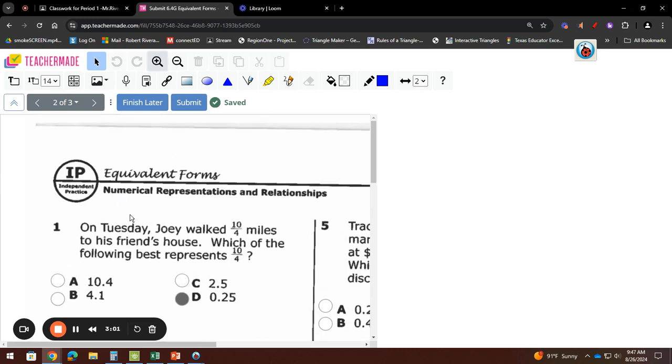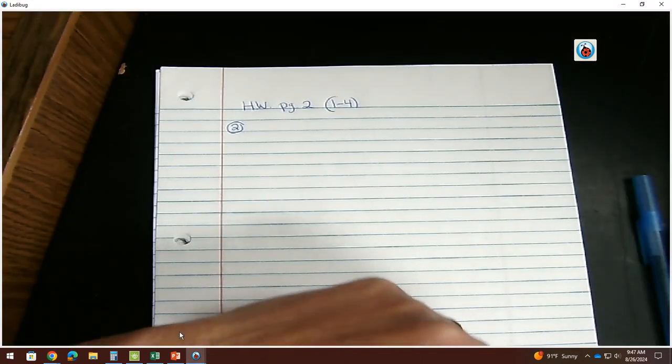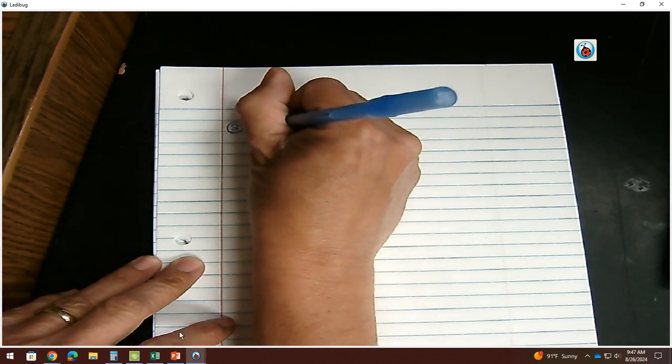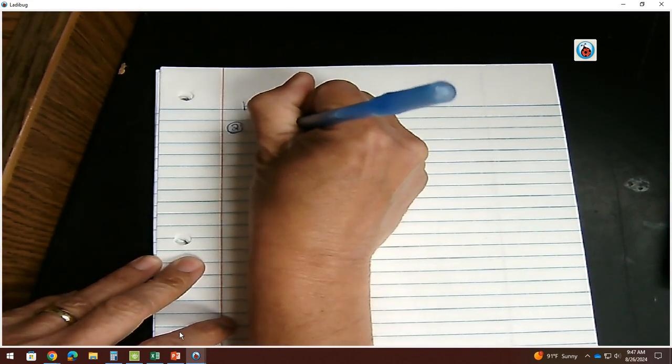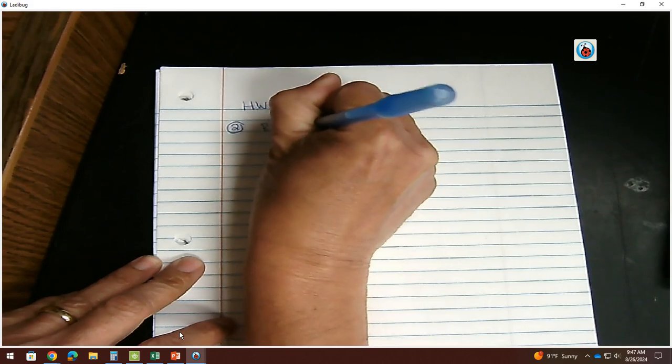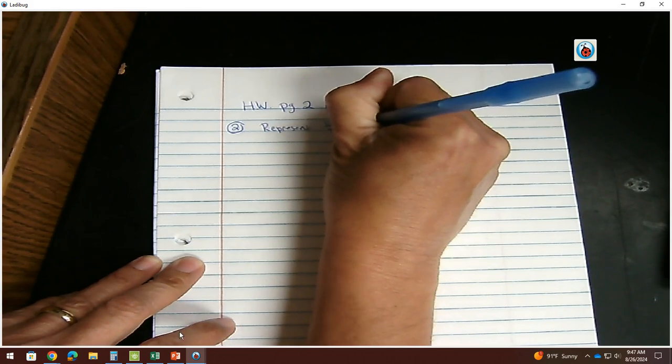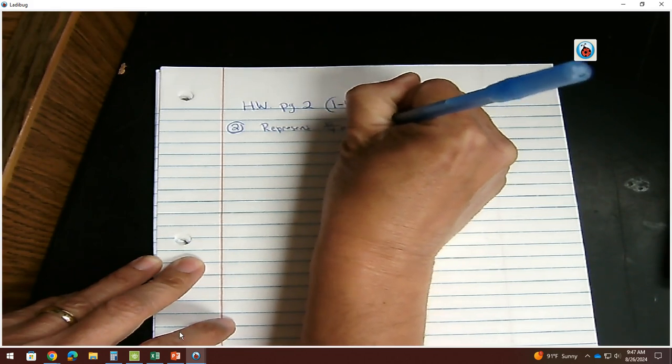So it says on Tuesday, Joey walked 10/4 of miles to his friend's house. Which of the following best represents 10/4, okay? So you already know that the first thing that I want is the question. So they basically want me to find something that represents 10/4 miles.